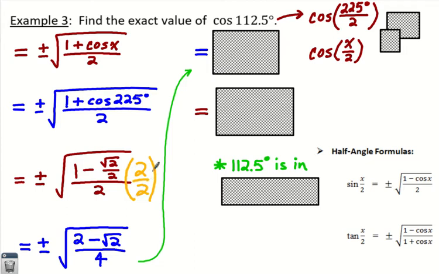You're allowed to do this. And now the bottom just becomes 4. And on the top here, we are distributing. And so 2 times 1 is 2. And then when I multiply 2 to this fraction, the 2's cancel out, and I'm left with negative root 2.